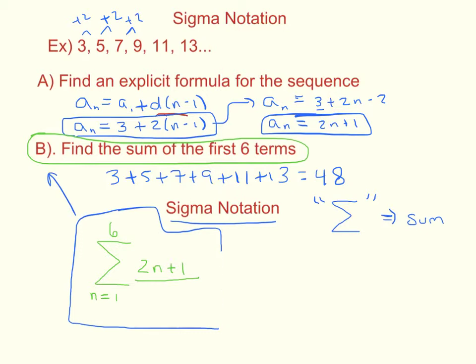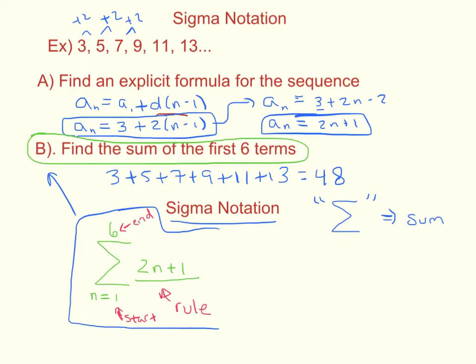Now, let's make a few notes just to make it really clear. So in regular sigma notation, we always put the rule here in front. This is our starting n value, or our term number, that we're going to plug in, and this is our ending term number.